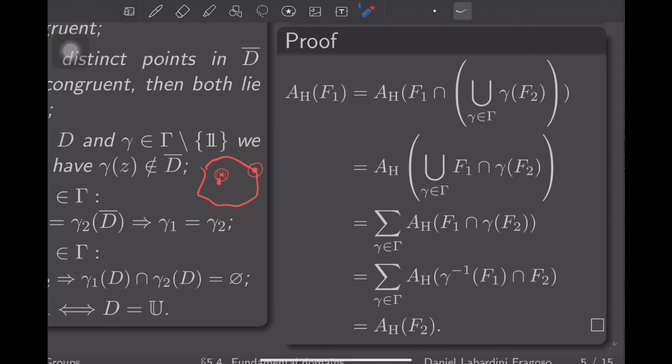Right, and then here these are all the sets that appear here. They are all pairwise disjoint because F2 is a fundamental set. So when I take the hyperbolic area, it's just the sum.